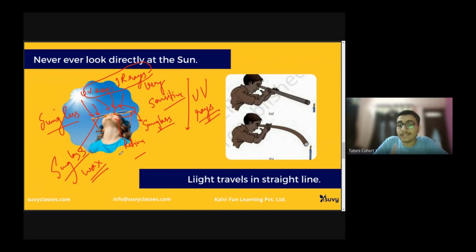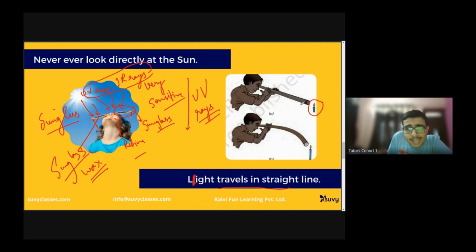Okay, now next thing. Here is a typo, just ignore this. Light travels in a straight line. Do you agree? Because if I look through a telescope, or a tube-like structure, at an object present here, like a candle, children, what will happen? I can see the candle.